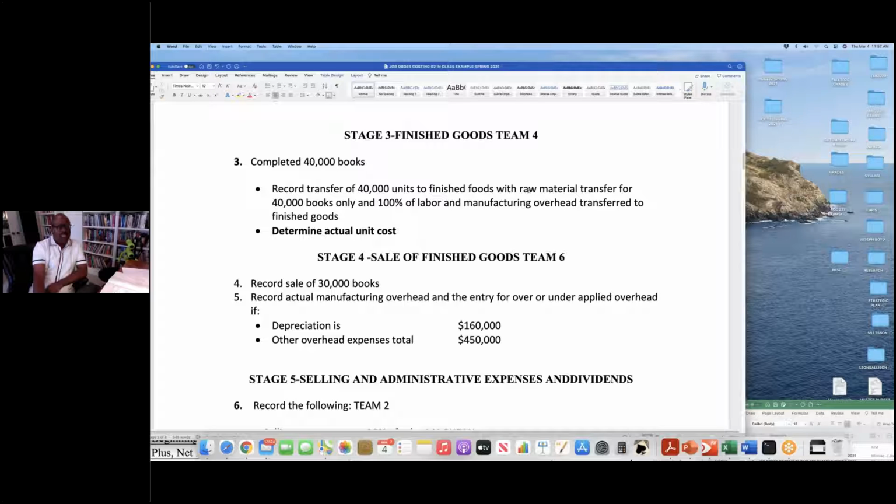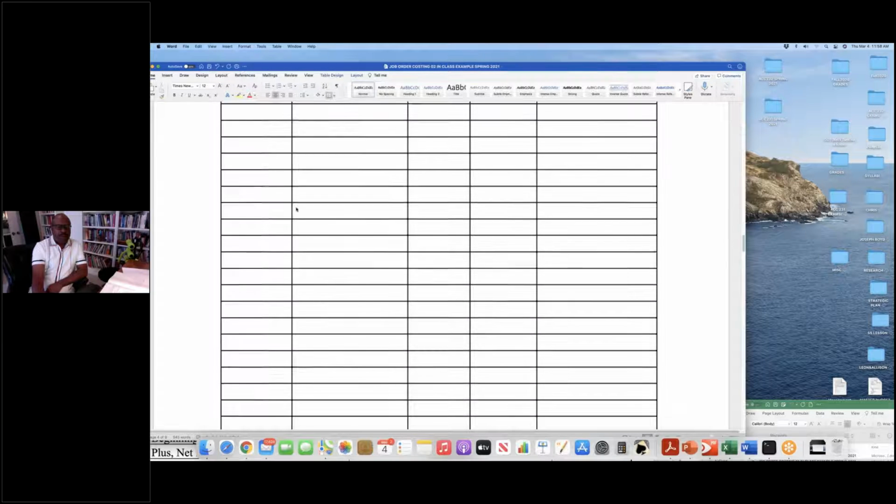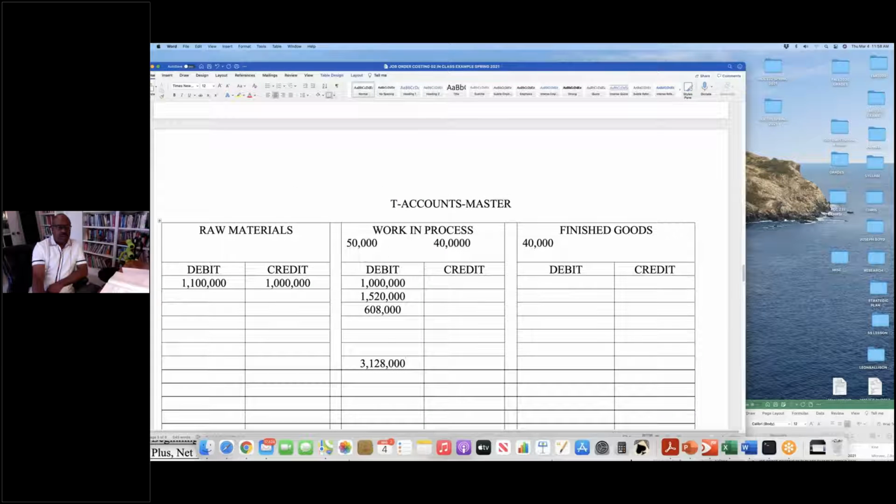So it's telling you that we're only transferring raw materials for the 40,000 that were finished, because the ink is still in the work in process center to finish up construction. So we only want the ink for 40,000 units. So what was our per unit ink cost?